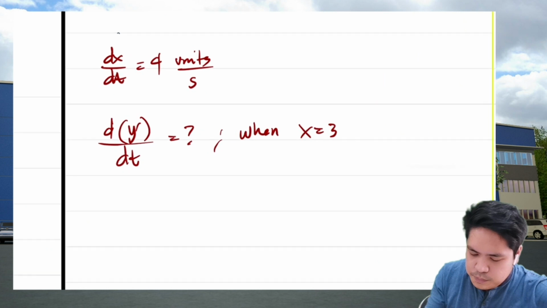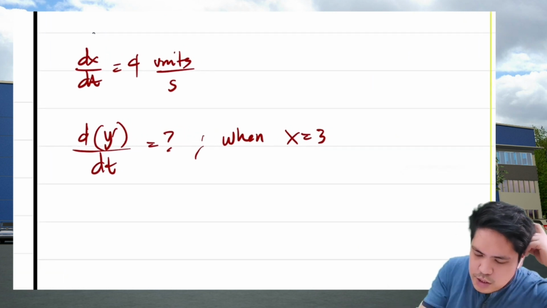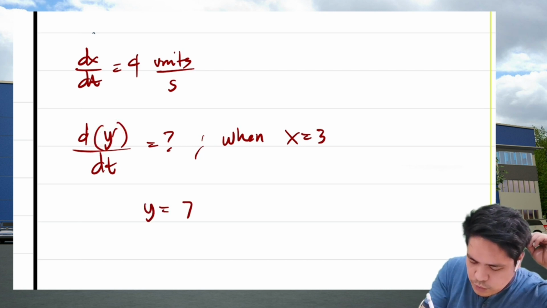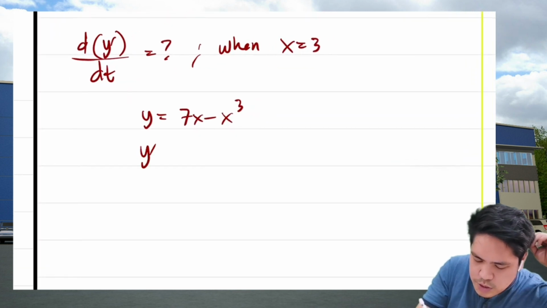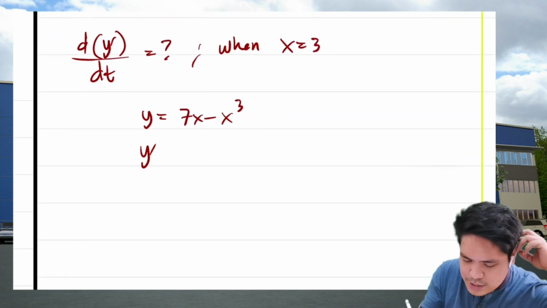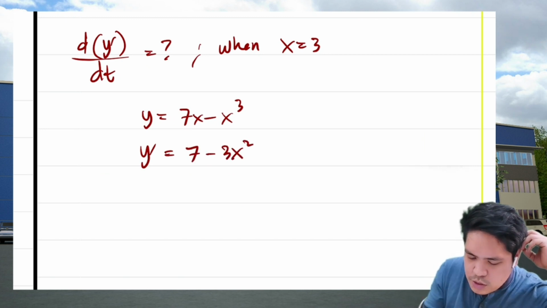Okay, so first, anong pwede muna natin kunin? Let's just get the equation of the slope. So since we have y is equal to 7x minus x cubed, the slope is just y prime or dy over dx. So dy over dx is just 7 minus 3x squared.